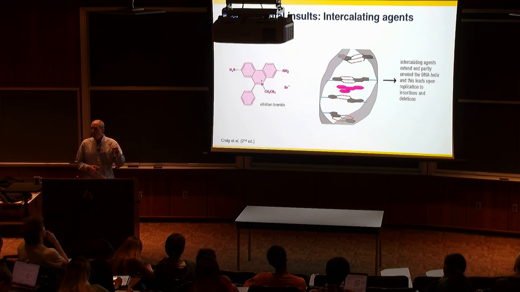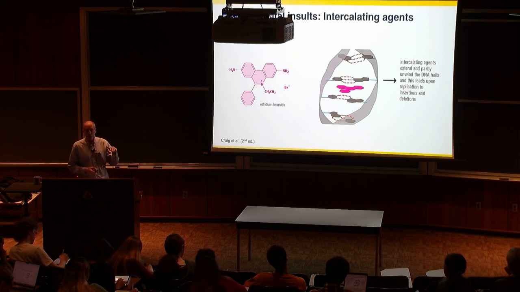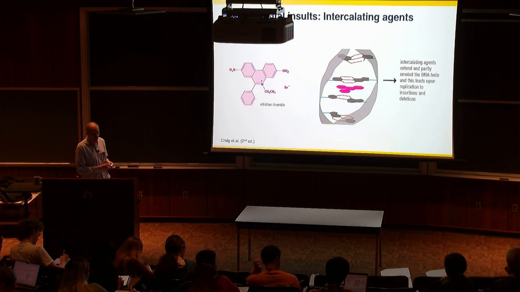The way ethidium bromide works, the reason you can look at DNA on a light box and see the fluorescence, is because the UV is absorbed by the DNA, it's absorbed by the bases, and that UV energy is transmitted in a non-radiative reaction to the ethidium, which then fluoresces. And it's a very efficient non-radiative transfer of energy.